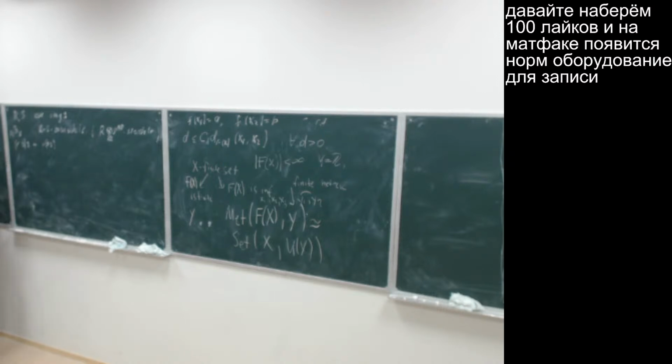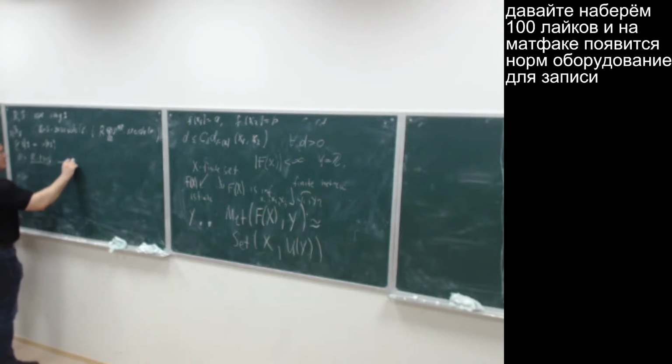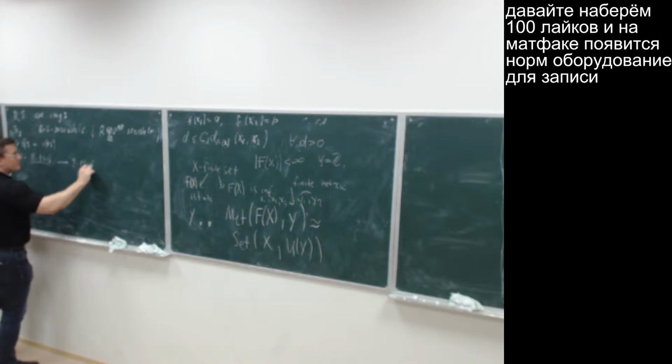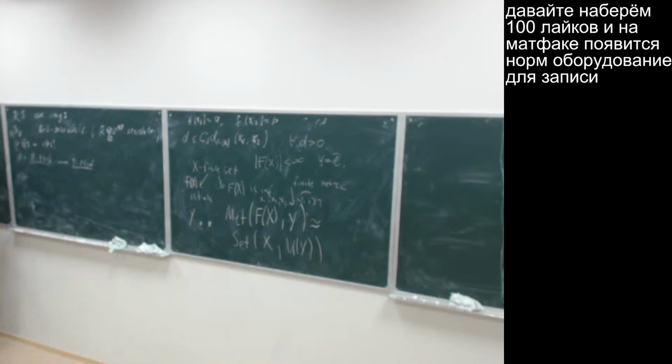So with this bimodule, you can define two functors. Let's call this F, from R modules to S modules. Well, probably I want the other way around.